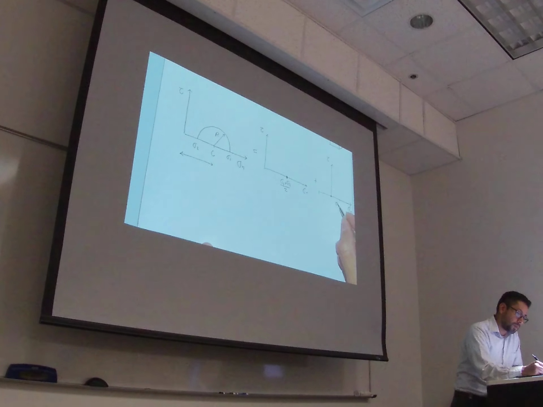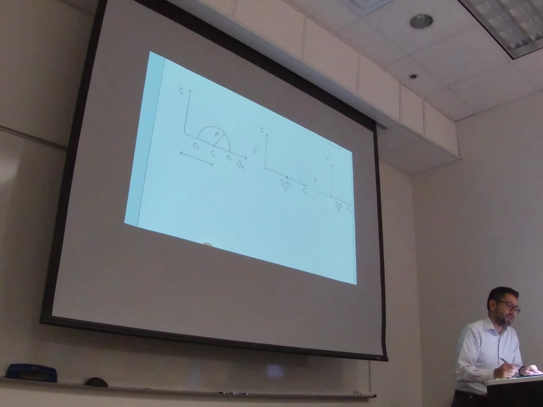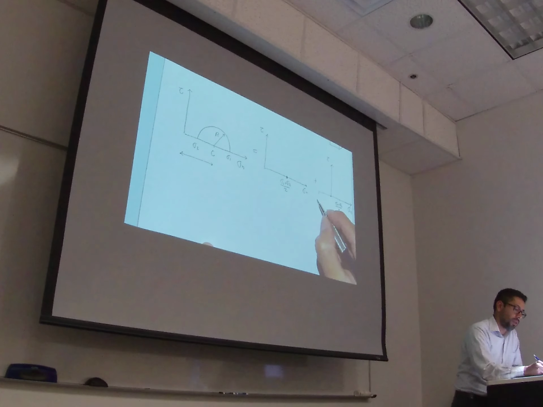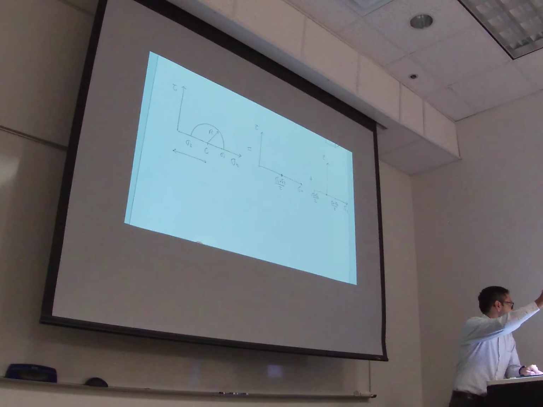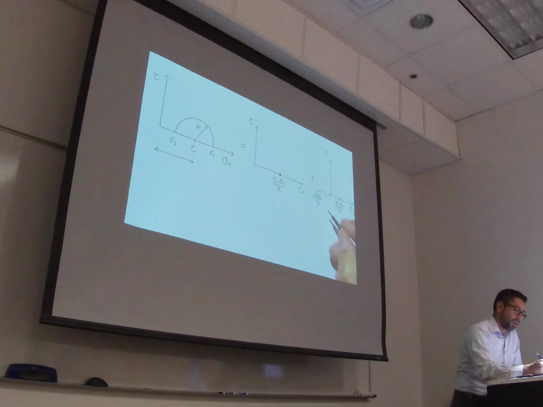Sigma 1 minus sigma 2 divided by 2, and this is negative sigma 1 minus sigma 2 divided by 2. And that's a Mohr circle that corresponds to that state of shear.